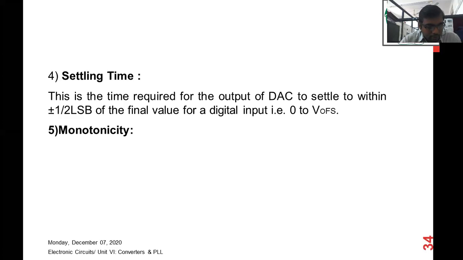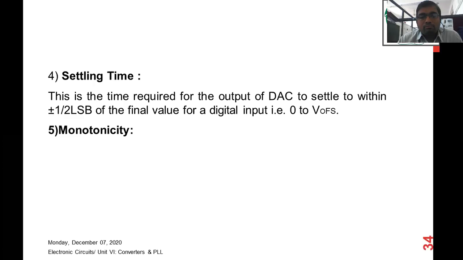Generally in the DAC the maximum possible error is plus minus 1/2 LSB. So the time required for the output of the DAC to settle within that particular range of the final value is called the settling time. It means after this the output remains stable.